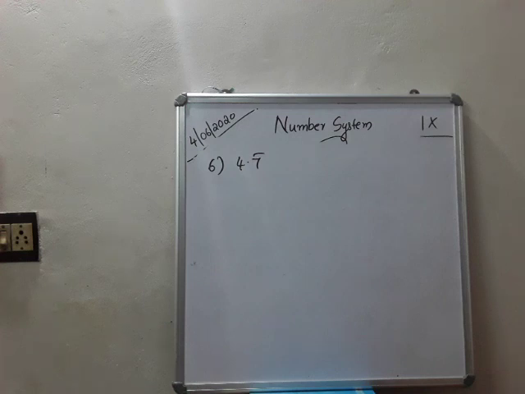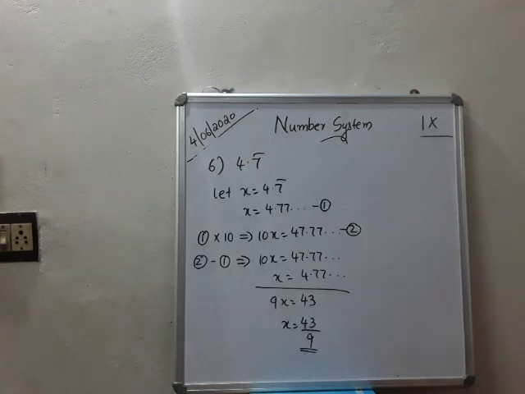Equation 2 minus equation number 1 gives 10x is equal to 47.77 etc. minus x is equal to 4.77 etc. So the answer will be 9x is equal to 43. So x will be equal to 43 by 9. Hope it is clear for you.